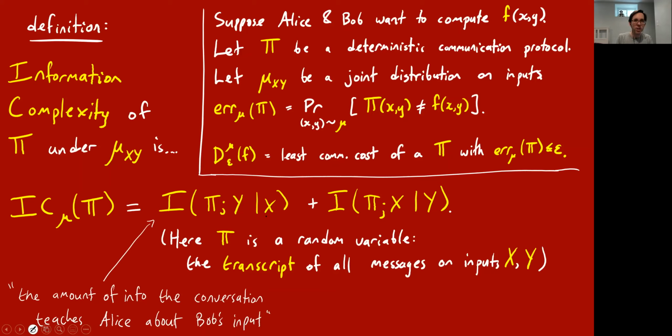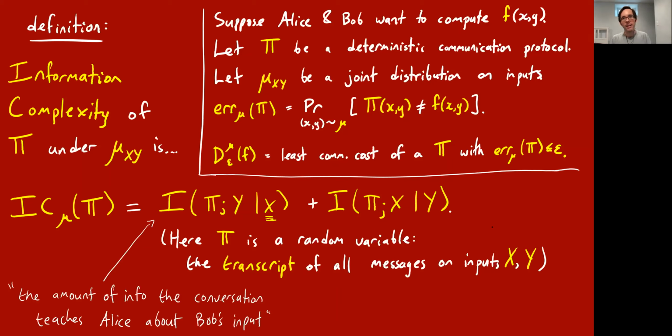So Alice, remember, knows x. Alice gets x. And so from her point of view, she sees this random variable pi, which is partly determined by x, and partly determined by y. She sees pi, but she doesn't know Bob's input y. And so this mutual information, conditioned on what she knows, is quantifying the bits of information Alice learned about Bob's input at the end of the conversation.